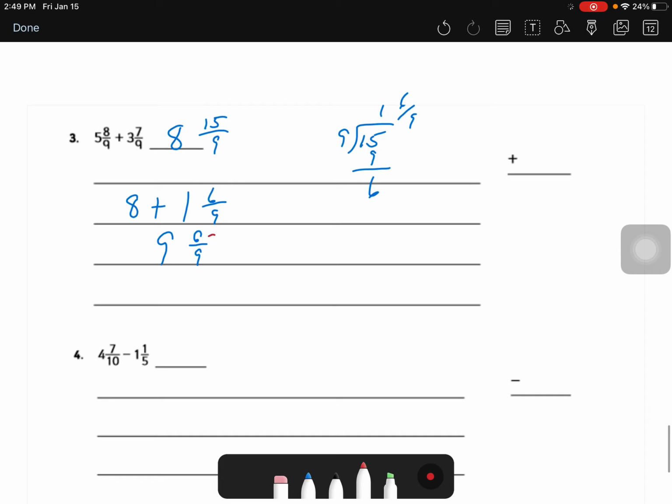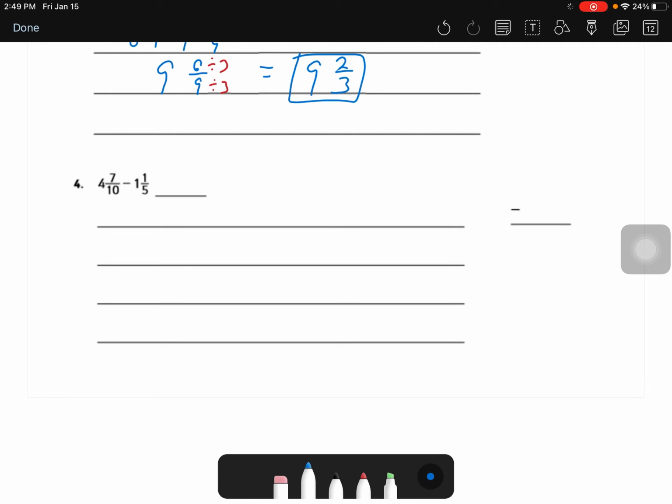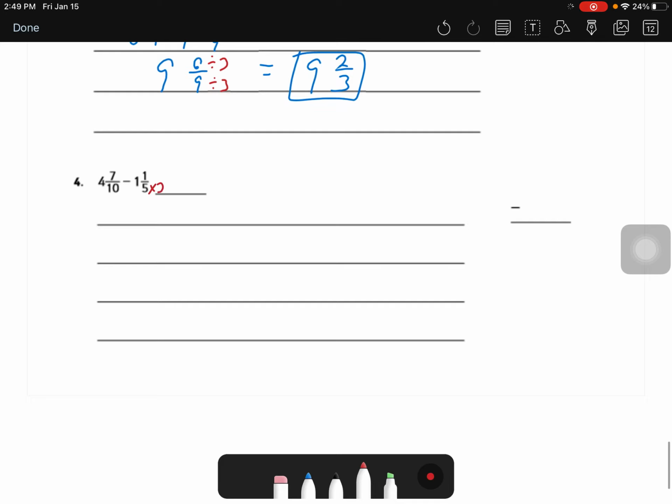And I can simplify by dividing by 3 again. So my answer would be 9 and 2/3.